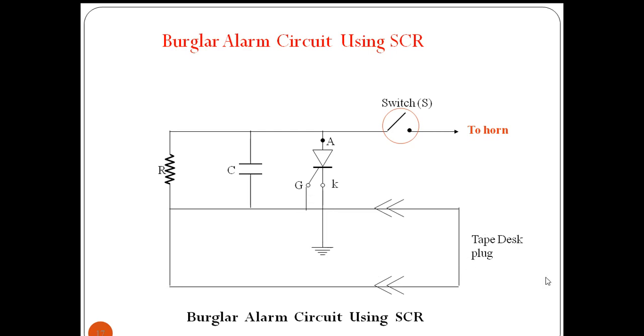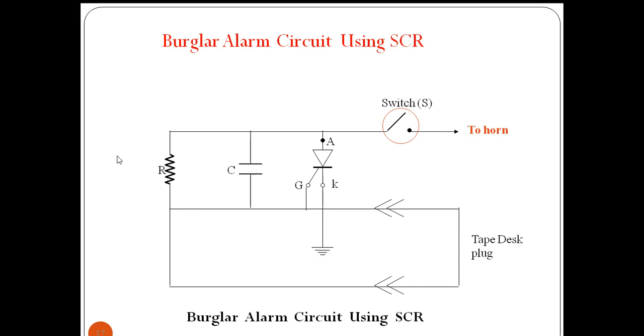But if a thief comes and pulls the tape deck from the car, then the circuit will become open and the gate will get supply through resistance R from the main supply.